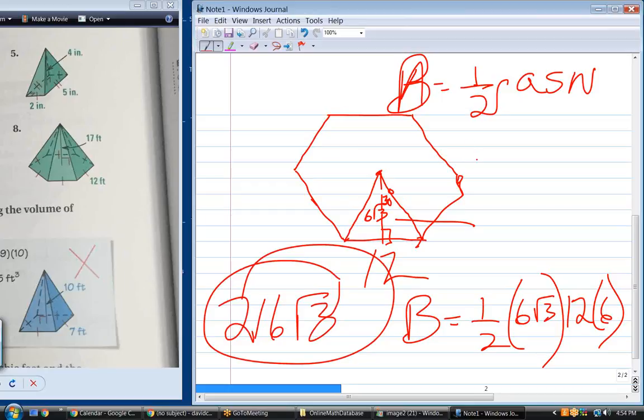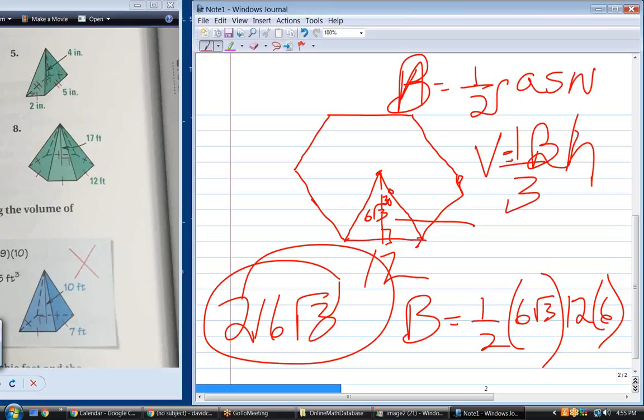What's my general formula for volume of this? In other words, we had to do a whole lot of work just to find the area of the base. But it's generally area of the base times height, divided by, because it goes 1/3. Oh, divided by 1/3, yeah. Right, 1/3.